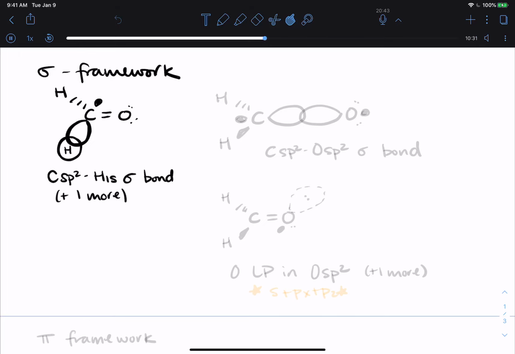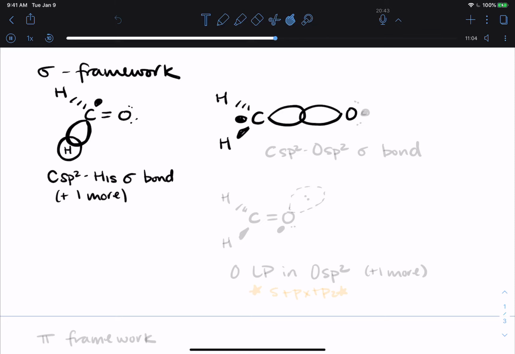I also have a carbon-oxygen single bond. So on my picture, I need the rest of the molecule. And then this sp2 points along this bond. And now this is going to be different because oxygen is creating its sigma bond also with an sp2. So I've got a big lobe for an sp2.